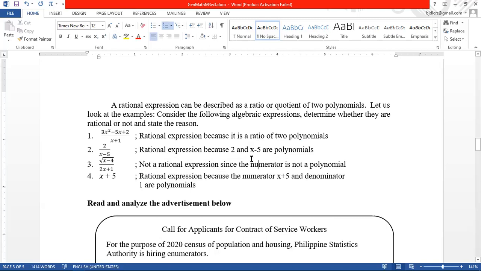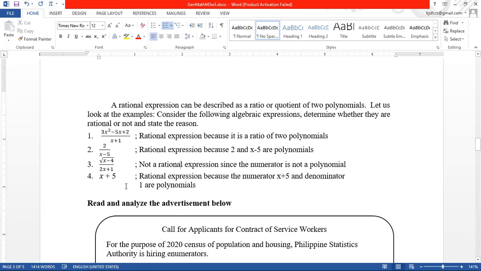Why? It has a square root sign. That is a radical expression, or radical function.